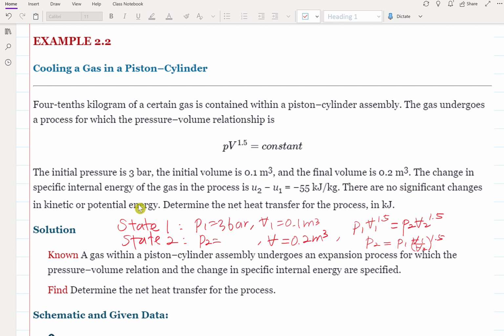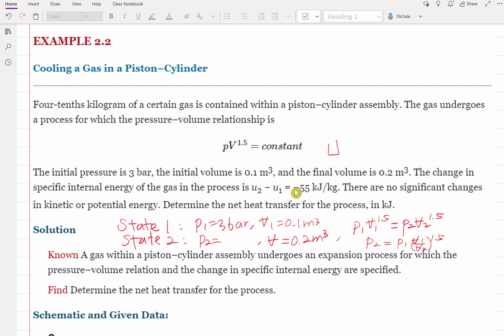And also the specific internal energy change of the gas in the process, U2 minus U1, is negative 55 kilojoule per kilogram. Internal energy, denoted by uppercase U, is an extensive property. So it depends on the amount of mass.